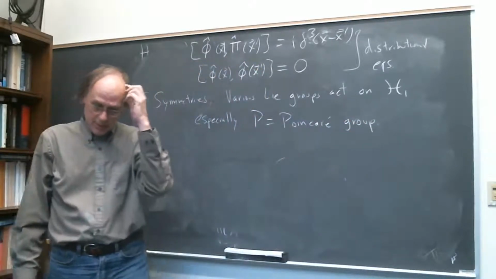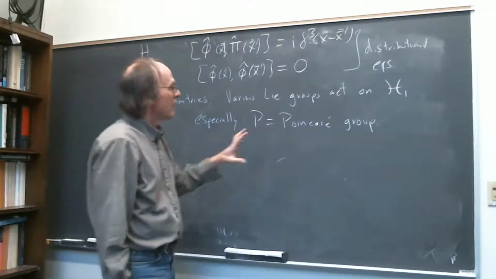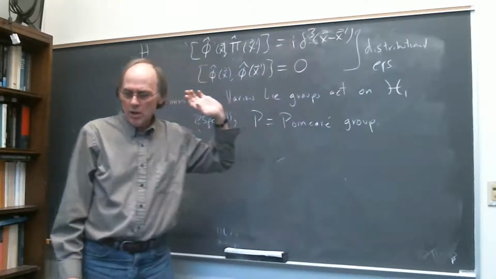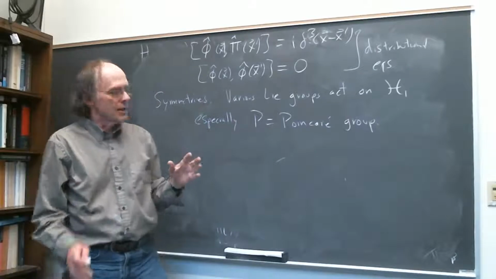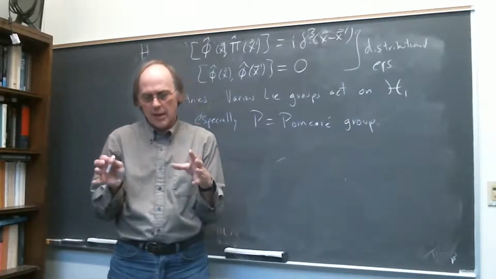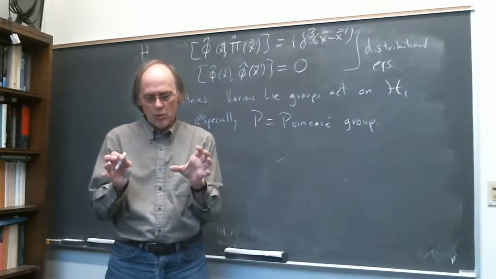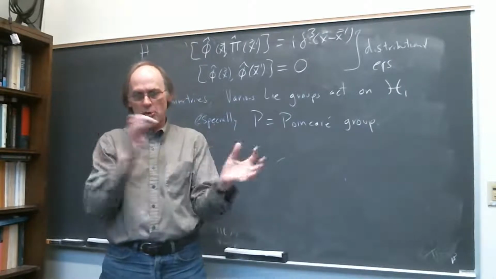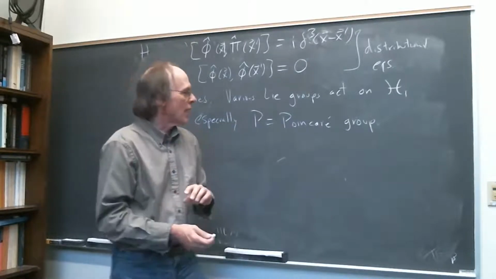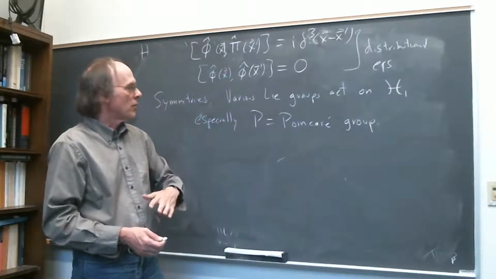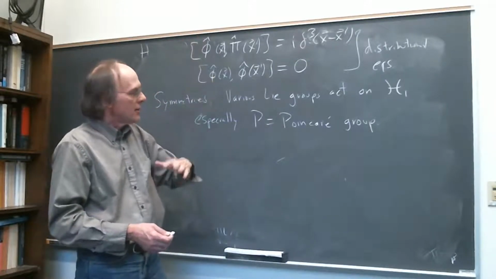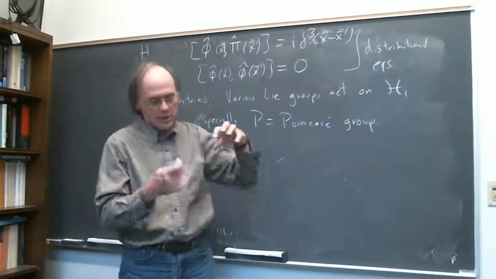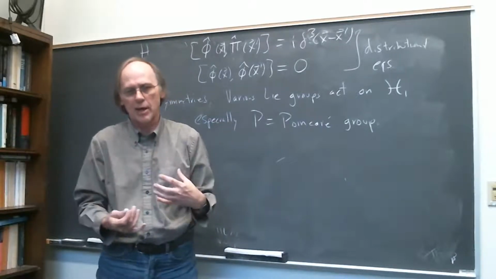So in some sense, what I wanted to say before is that in a lot of these non-relativistic cases, you had various groups, like spatial rotations acting, and you had time translations. The actual time translation was something separate that gave you the dynamics.